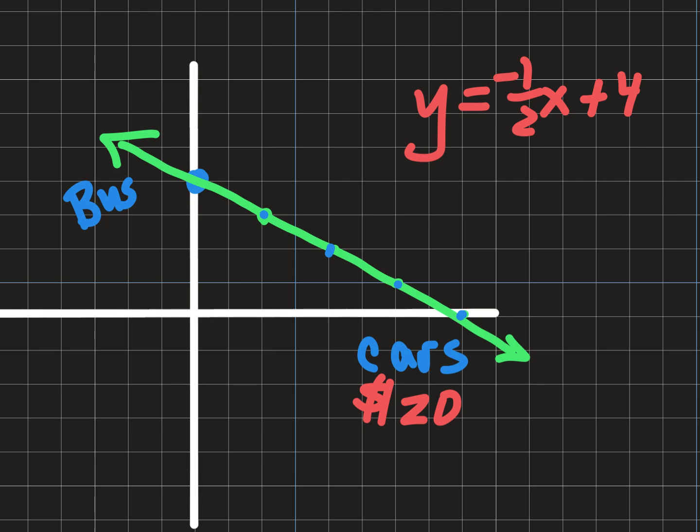So a bus, though, would take up a ton of spaces. And so you're going to charge way more for a bus. Let's say that we charge $150 for a bus. Okay.